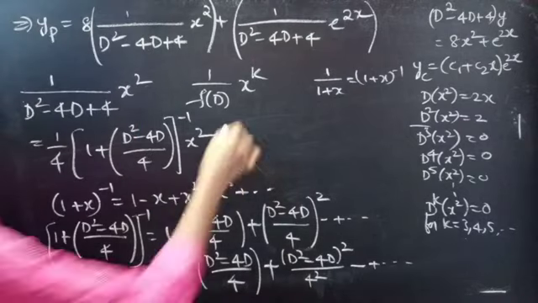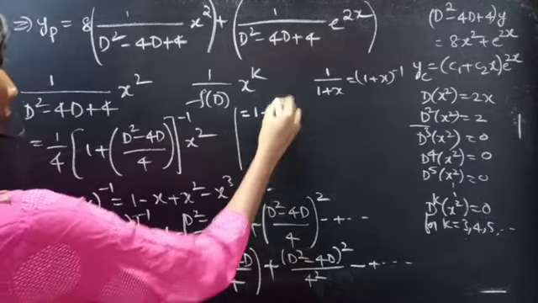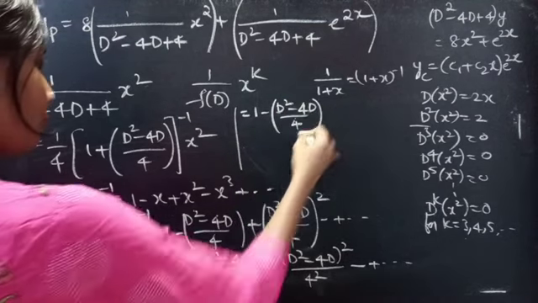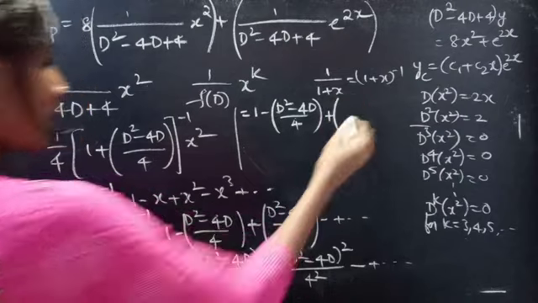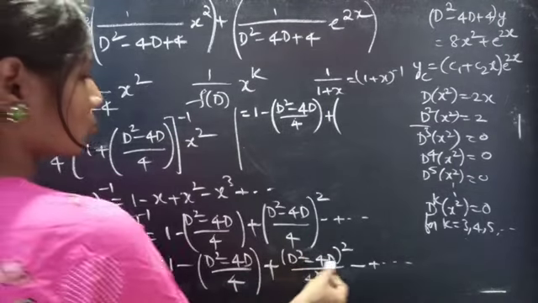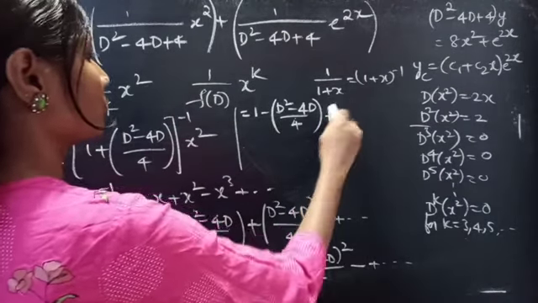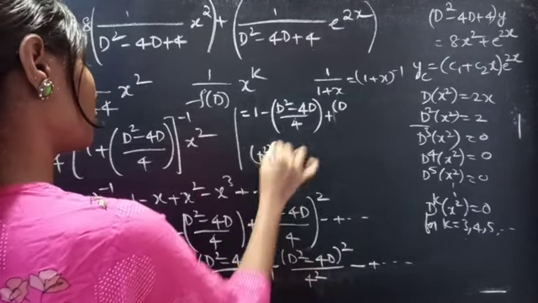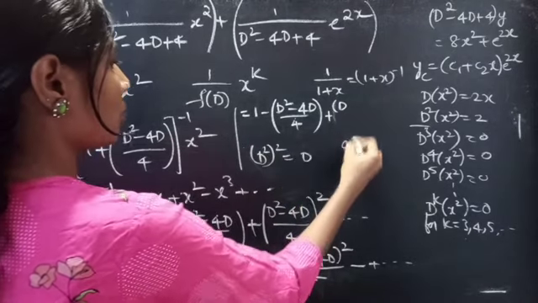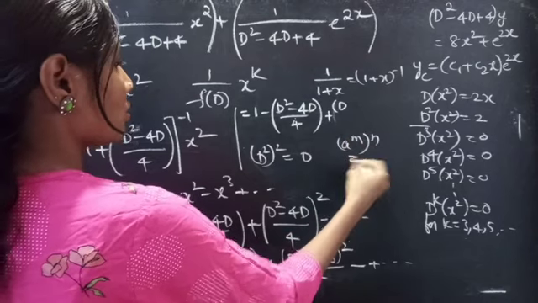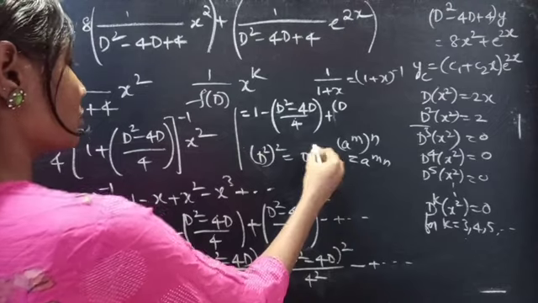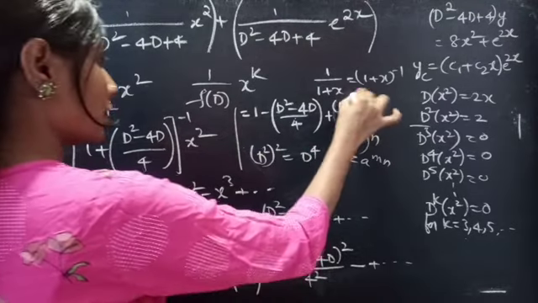So what we'll get here is 1 minus (d square minus 4d) by 4 plus the expansion of (d square minus 4d) whole square. We know that a power m whole power n equals a power m into n, so d square whole square will be d power 4. So firstly you will get d power 4.